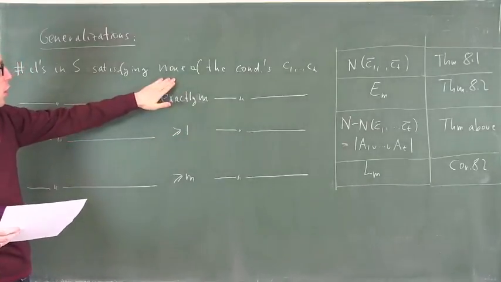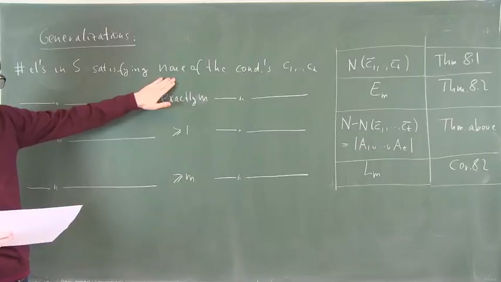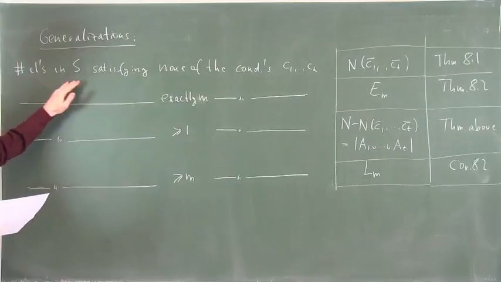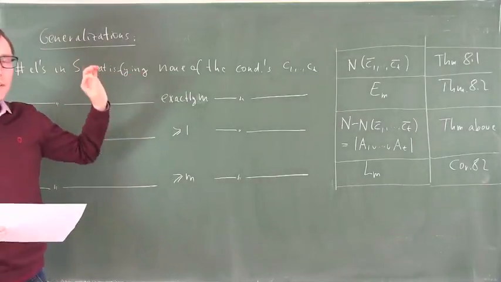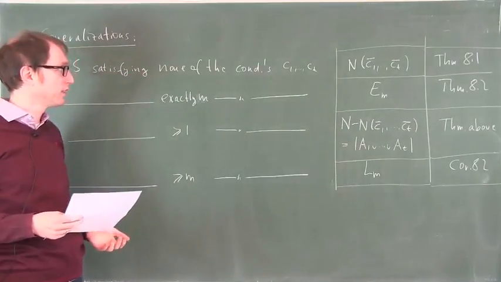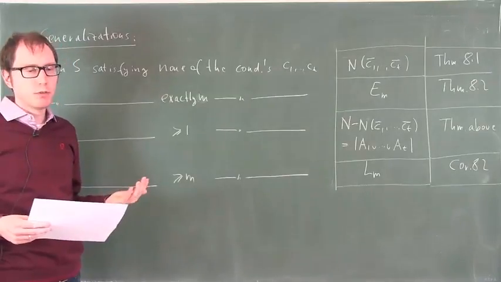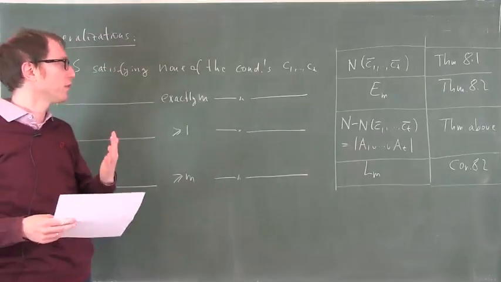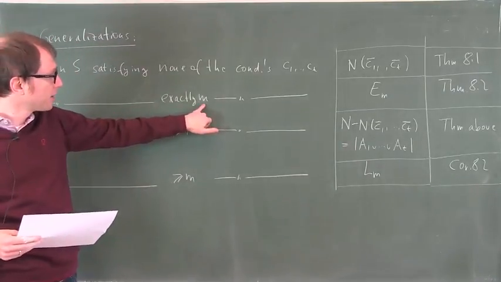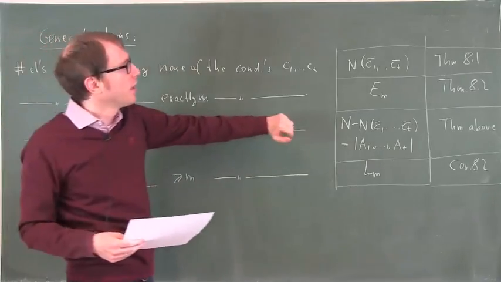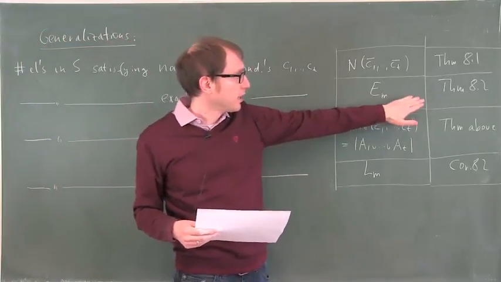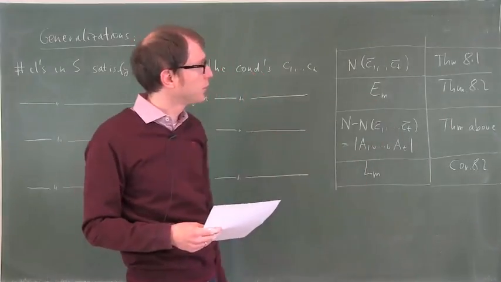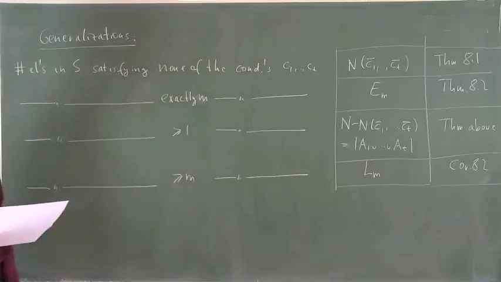For instance, this counts the number of elements in S satisfying precisely 0 of the conditions C1 up to Ct. What about if they satisfy precisely 1 of the conditions, or precisely 2? In general, if they satisfy precisely m of the conditions, you find a formula in theorem 8.2. And the book uses this symbol for this number.